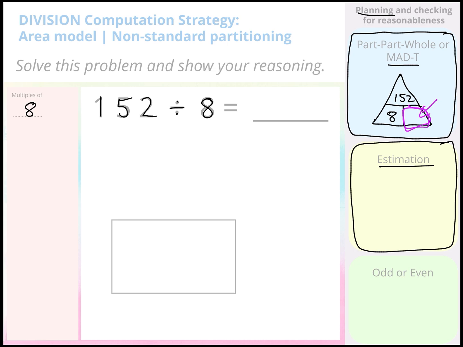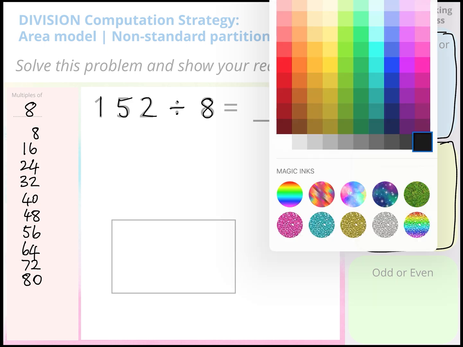So let's do our multiples of 8. 8 ones are 8, 8 twos are 16, 8 threes are 24, 8 fours 32, 8 fives are 40, 8 sixes are 48, 8 sevens are 56, 8 eights are 64, 8 nines are 72, 8 tens are 80.